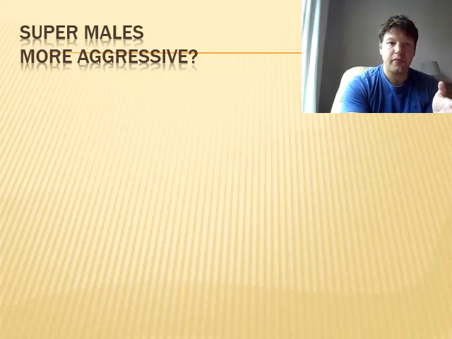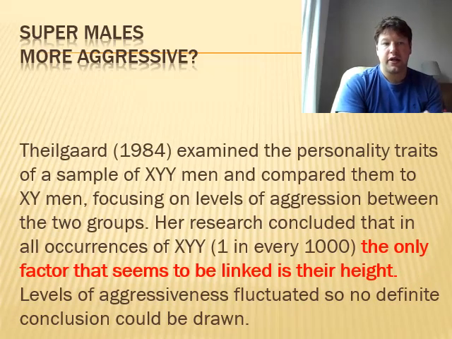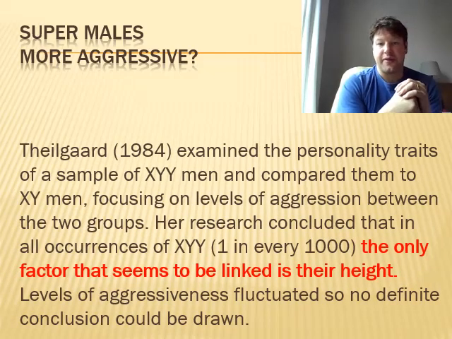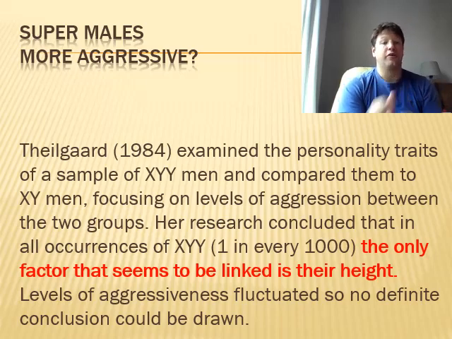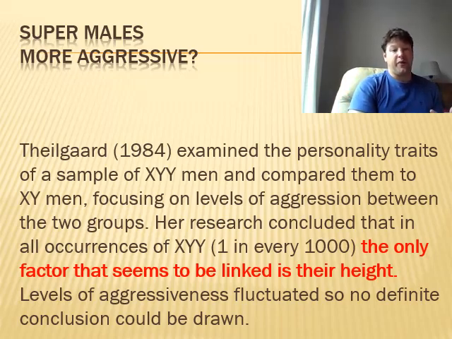However, are they more aggressive? Okay, Theilgaard 1984 examined the personality traits of a sample of XYY men and compared them with normal XY men, focusing on levels of aggression between the two groups. The research concluded that in all occurrences of XYY, 1 in every 1,000, the only factor that seemed to be linked is their height.